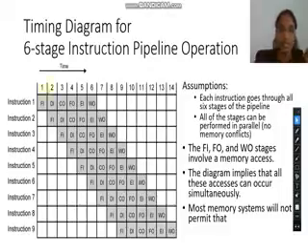You can see the timing diagram here for this 6-stage instruction pipeline operation, and here we assume that each instruction goes through all the 6 stages of the pipeline. This is our assumption, but it is not required for all the instructions.